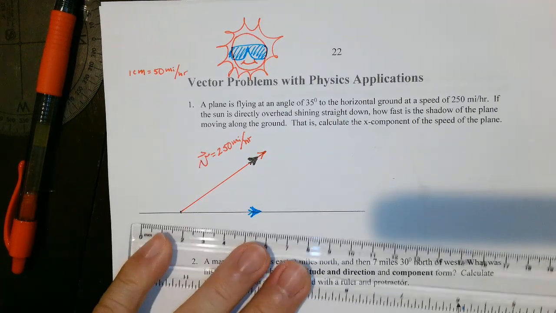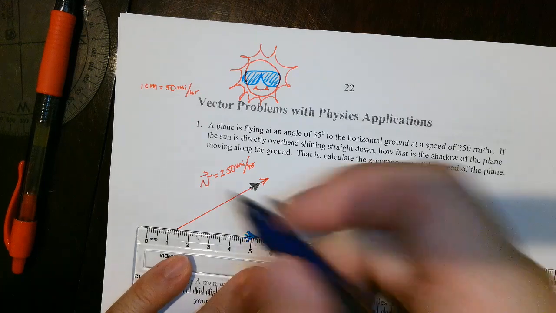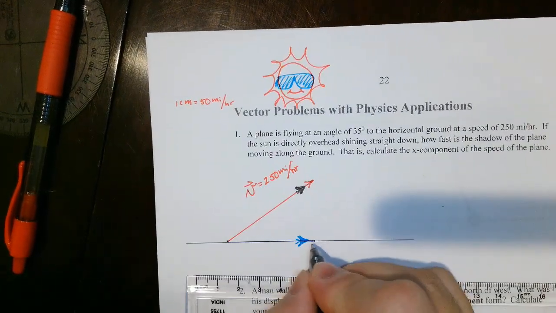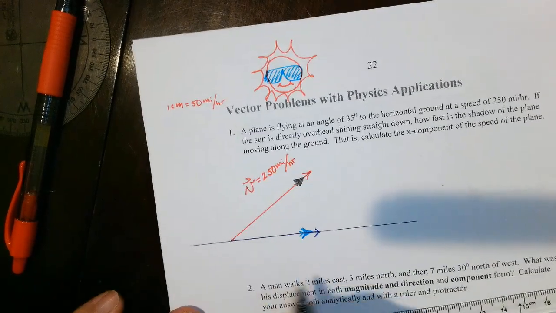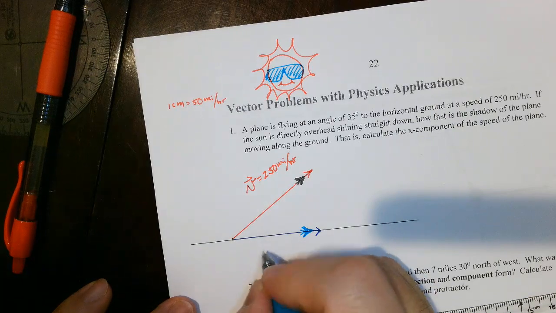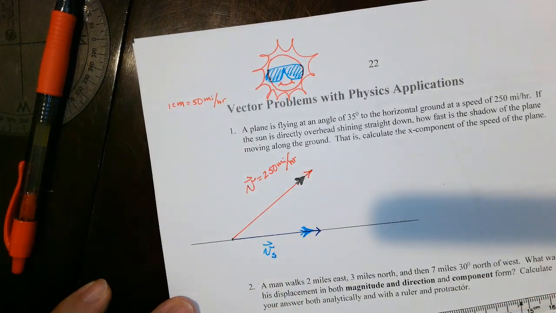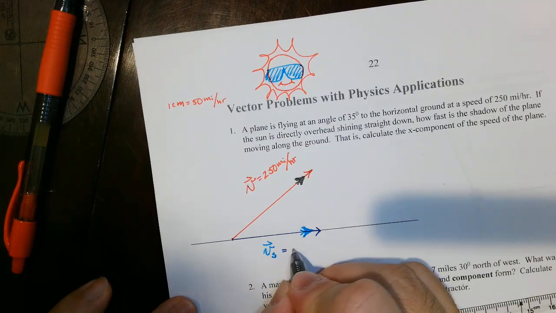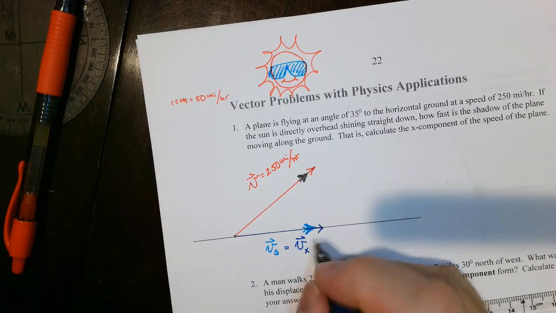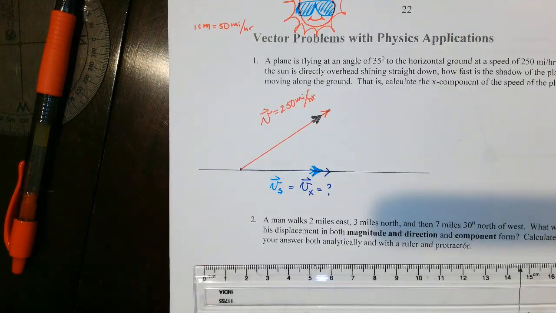As a matter of fact, it would be the horizontal component of that V. So this is my V shadow, and this V shadow is really nothing more than the horizontal component, or the X component, of my actual plane.